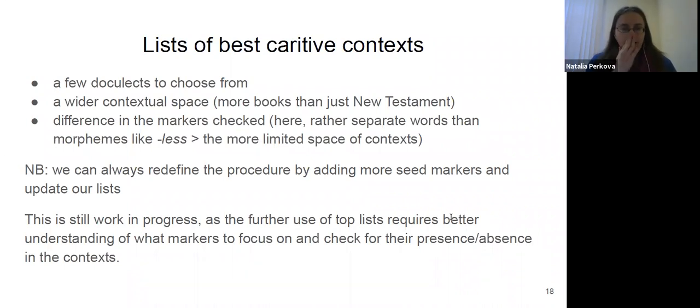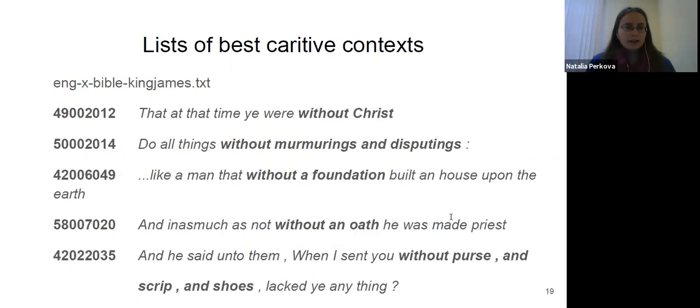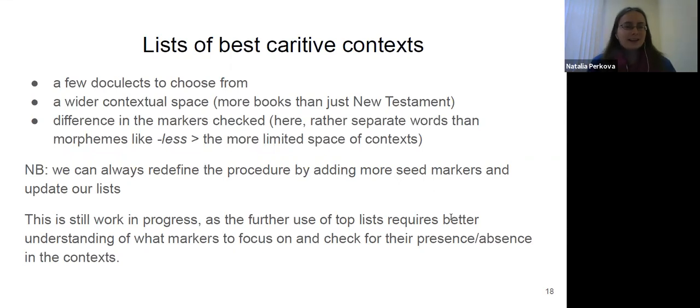So here we have the difference from what the project team did, because we had more documents to choose from actually, and we also had a wider contextual space.